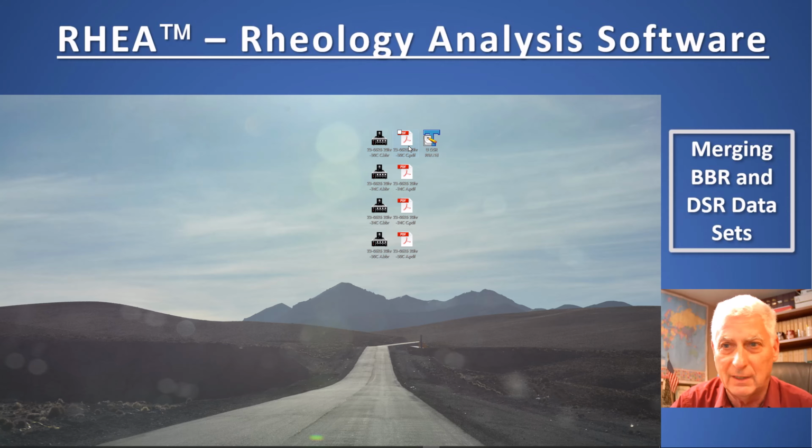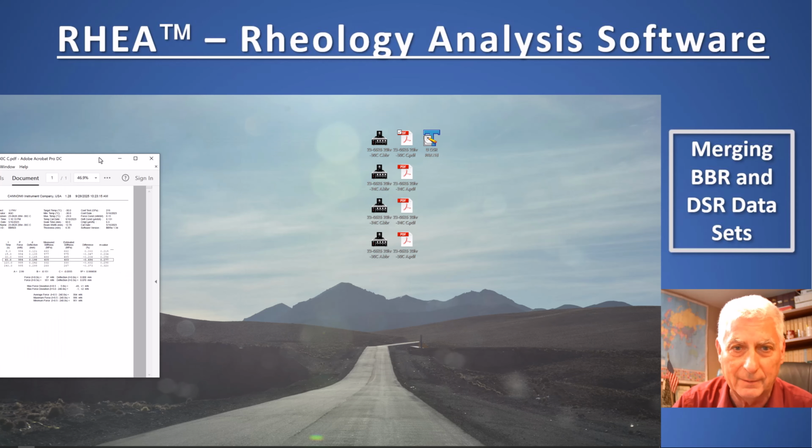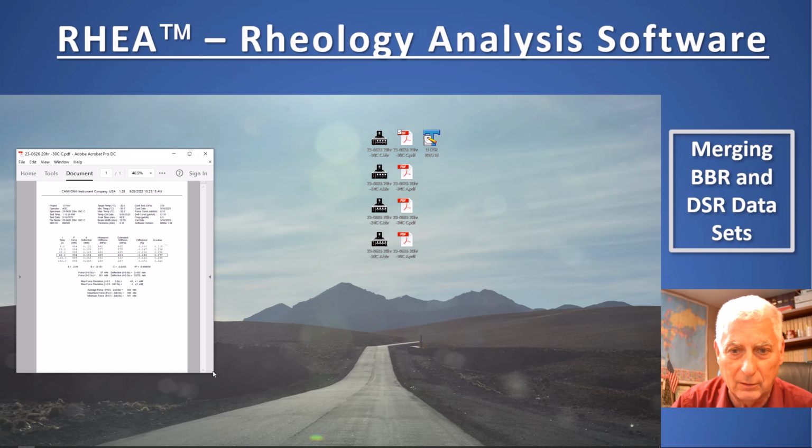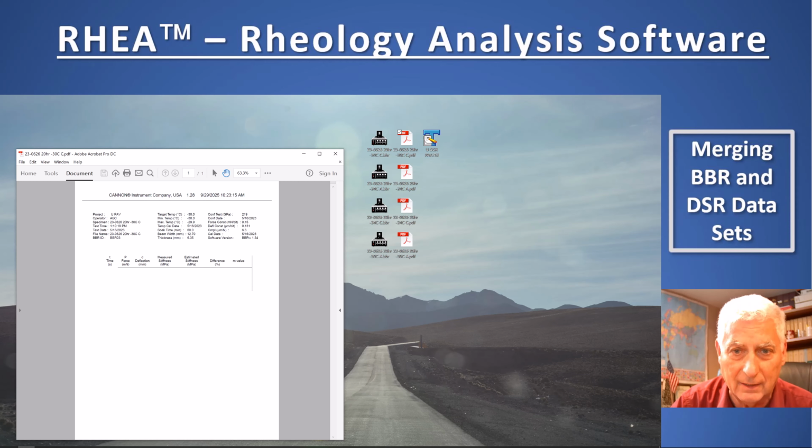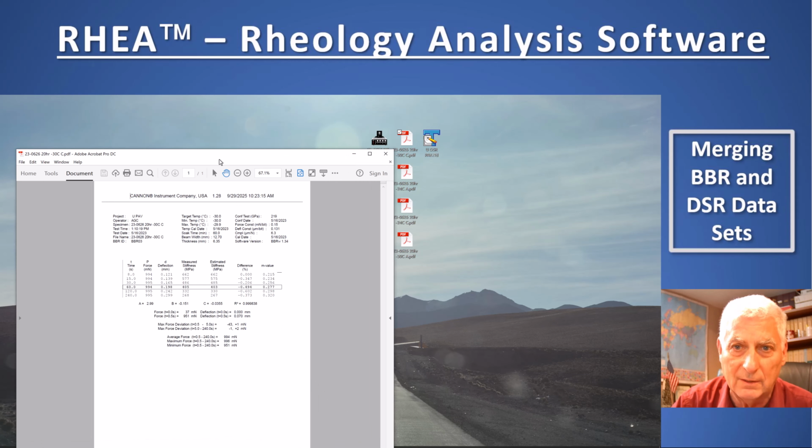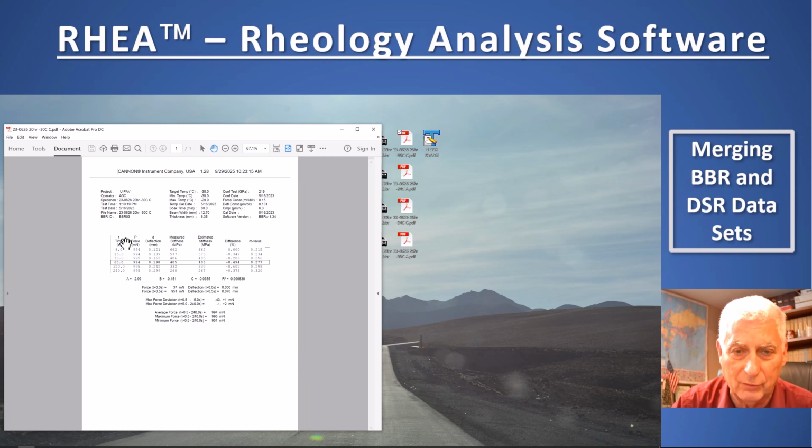I have from these printed out the normal result sheets, and these result sheets are in PDF format and take the format of looking like this, where you can see the result in terms of time in seconds and the measured stiffness and the estimated stiffness from the results.